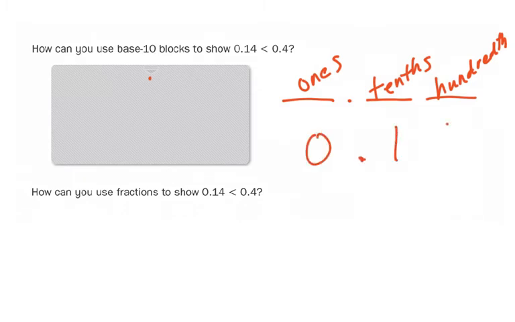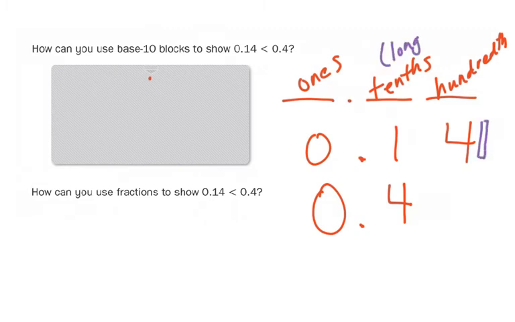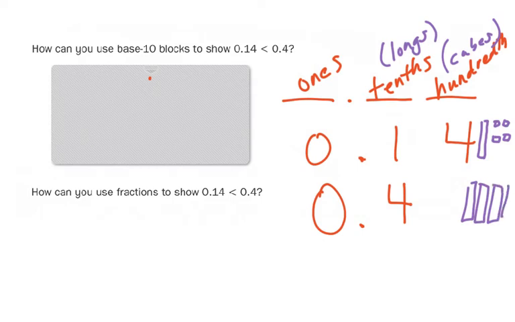It would look like this. 4 tenths would look like this. How would that look as base 10 blocks? This would be 1 long, because the tenths are the longs, and the hundredths are the cubes. So as base 10 blocks, this one looks like this, and this one is 4 longs.